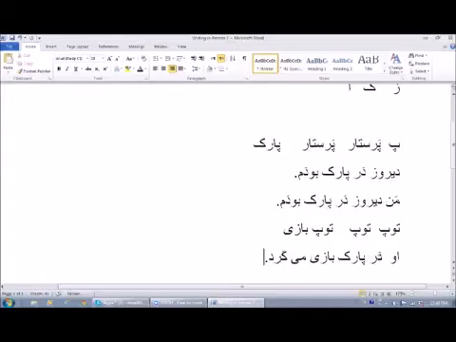He or she played in this park. د ر, پ آ ر ک, پارک, ب آ ز ی, بازی, م ی, می, ک ر د, کرد. He did play in the park yesterday.